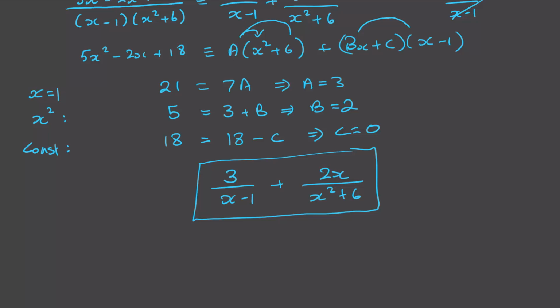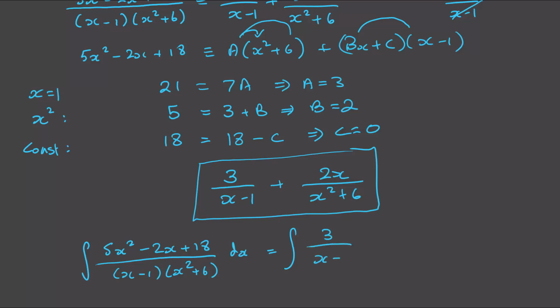Now, if we want to integrate (5x² − 2x + 18) / ((x − 1)(x² + 6)), that means that we could integrate 3/(x − 1) + 2x/(x² + 6).